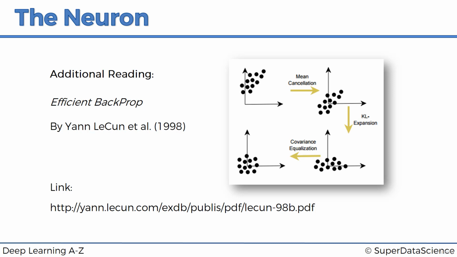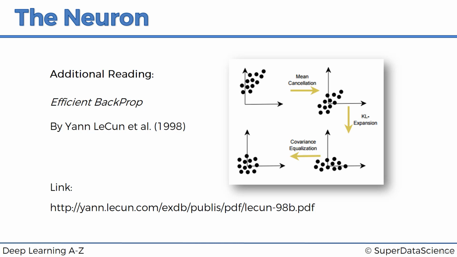He's a close friend of Geoffrey Hinton, whom we've already mentioned. In this paper, you'll learn more about standardization and normalization, and you can also pick up lots of other tips and tricks. It'll be a good source for additional reading as you go through this course, so check it out if you're interested.